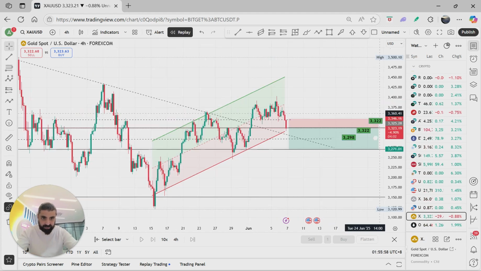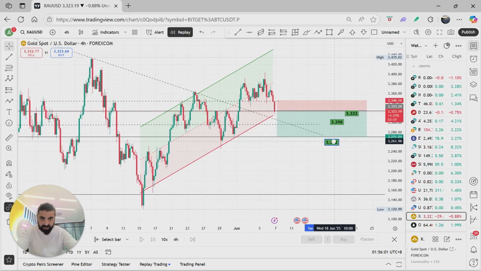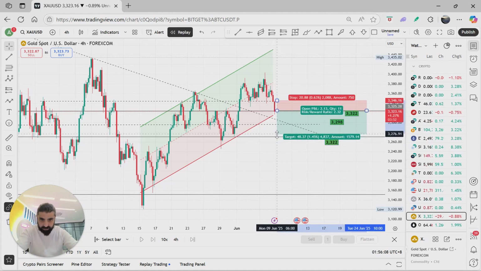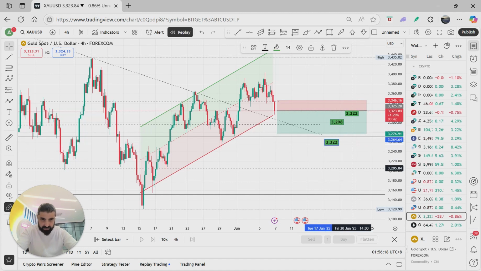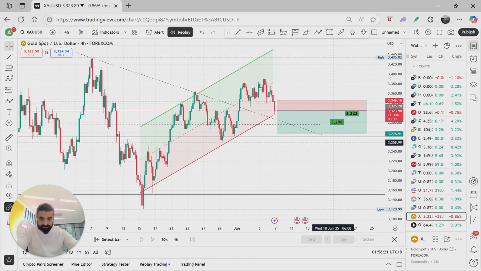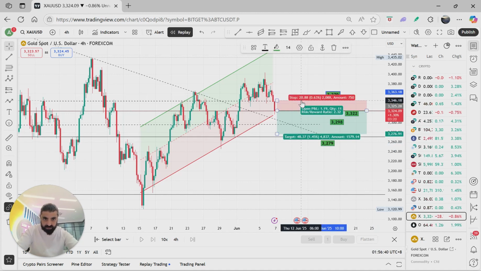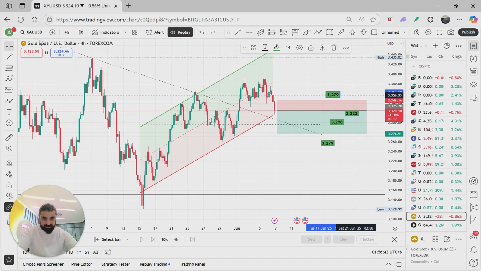The second TP that I would give is going to be at 3279 level, with a stop loss at 3346.